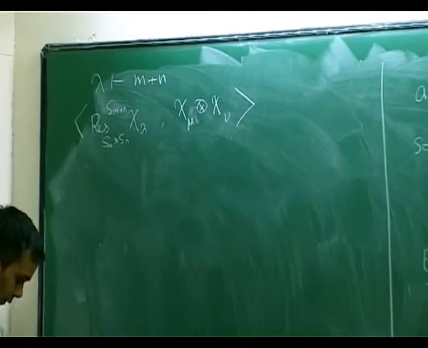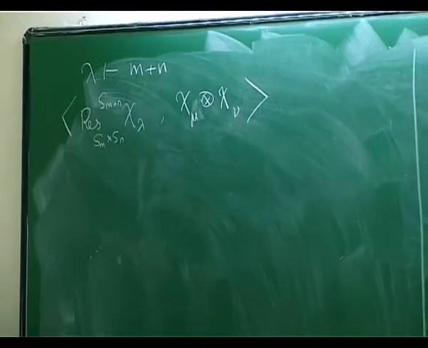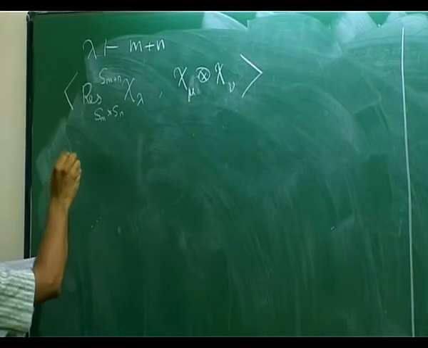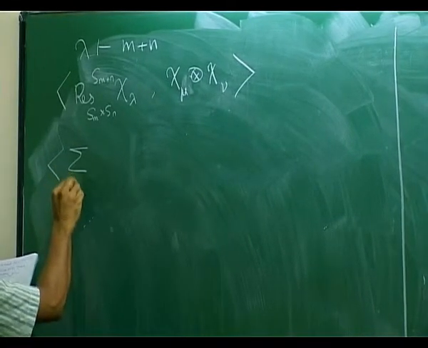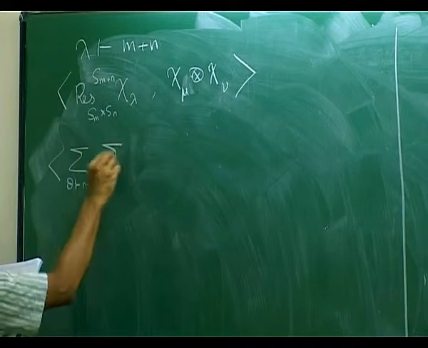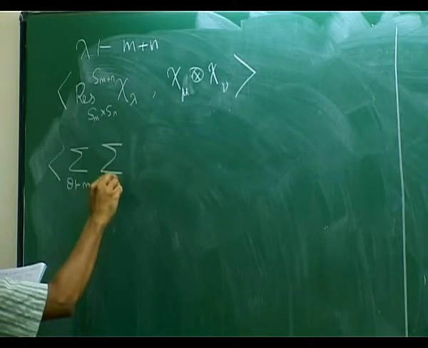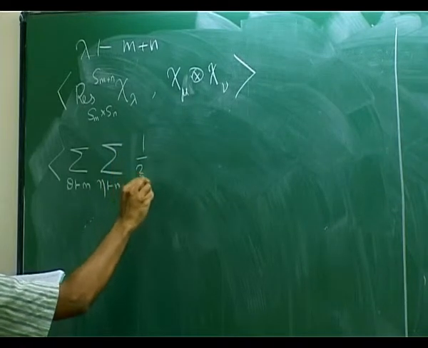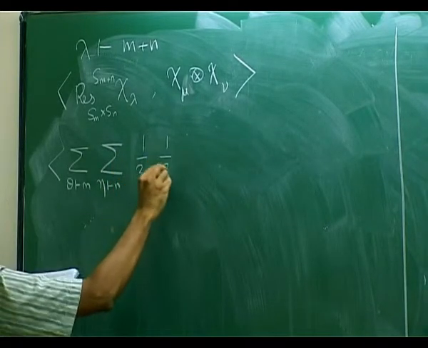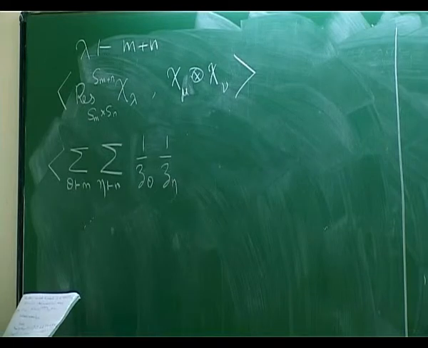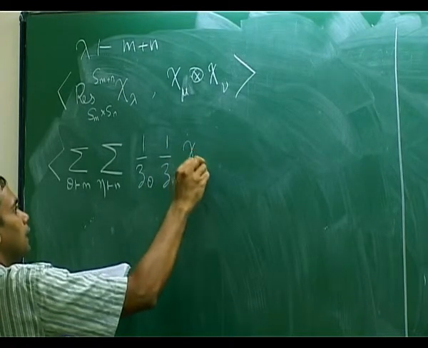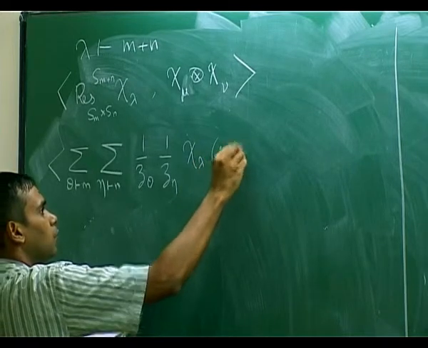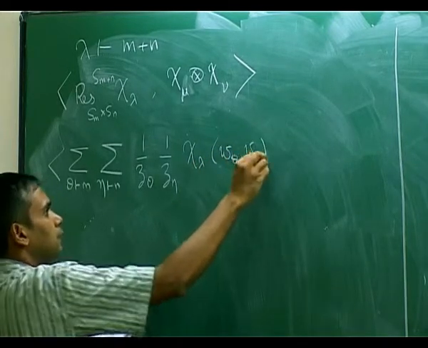So if we do that, we'll get a double sum over partitions theta of m, partitions eta of n, 1 over z theta, 1 over z eta, chi lambda of w theta comma w eta.